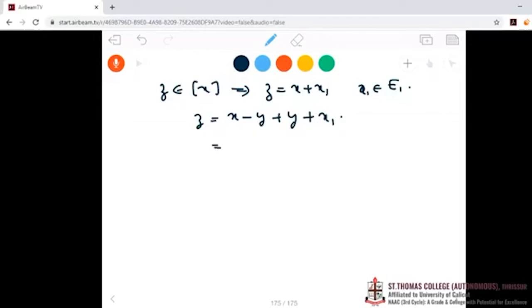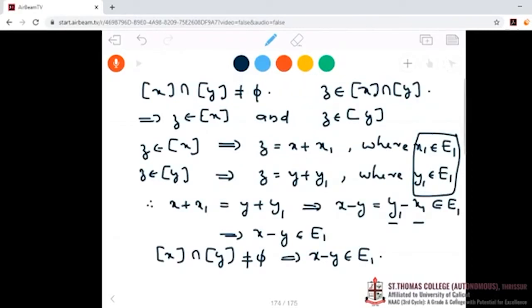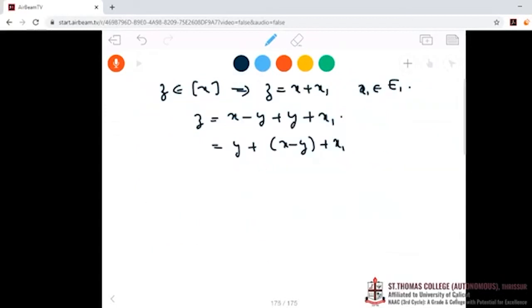And this is the same as y plus x minus y plus x1, because vector addition is commutative. Now we have already proved that the cosets intersecting implies x minus y is in E1. So this is in E1, x1 is in E1, so their sum is in E1. So I can express z as y plus some element of E1.